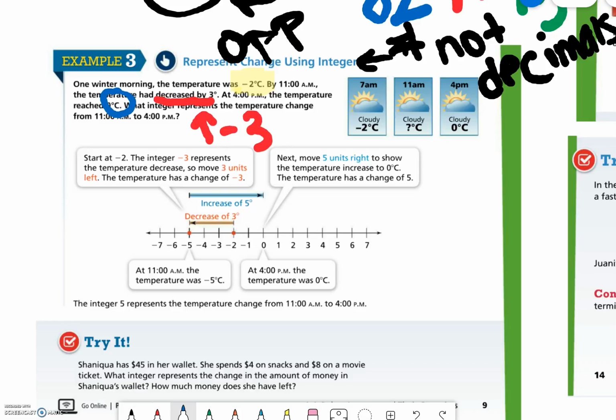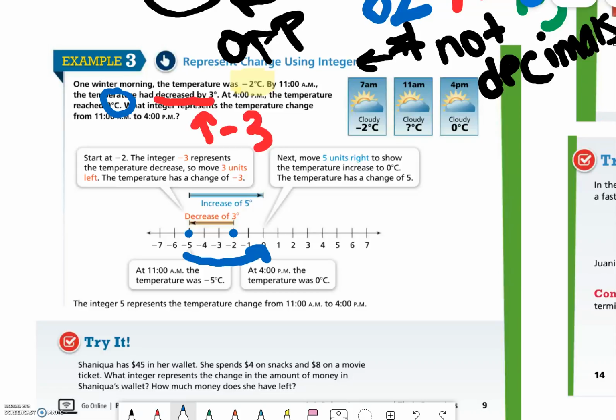What integer represents the temperature change between 11 a.m. and 4 p.m.? So again, we're at a number line. We know we are starting at negative 2, right here. We decrease 3 and end at negative 5. Then we know it goes back to 0, but we don't know what happens between those two things.